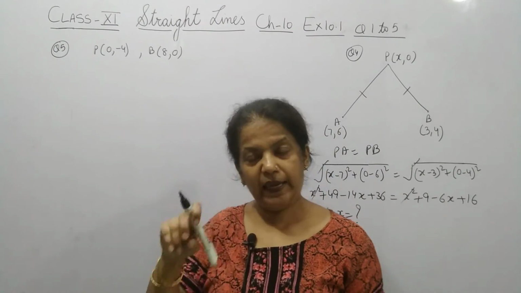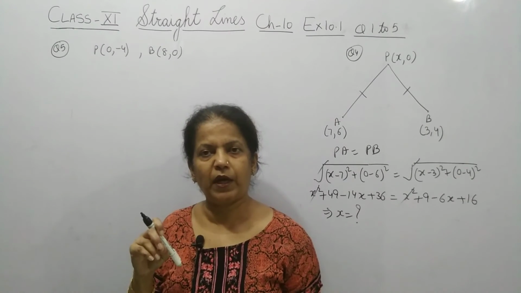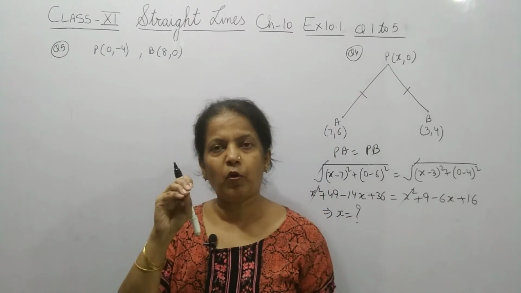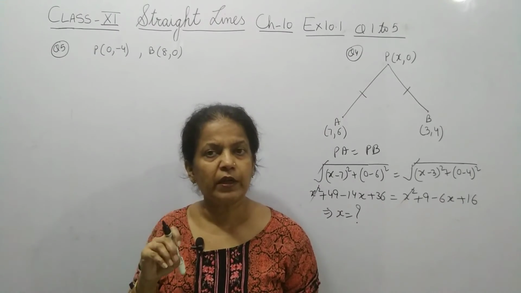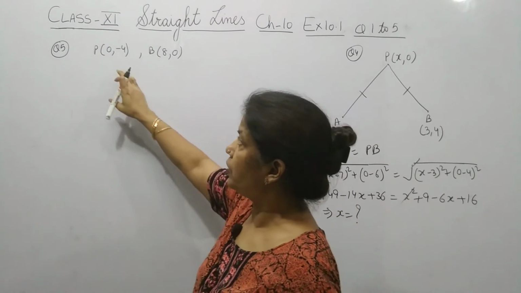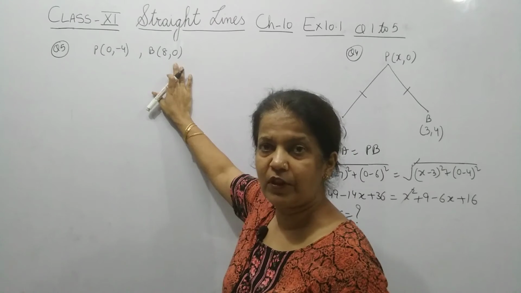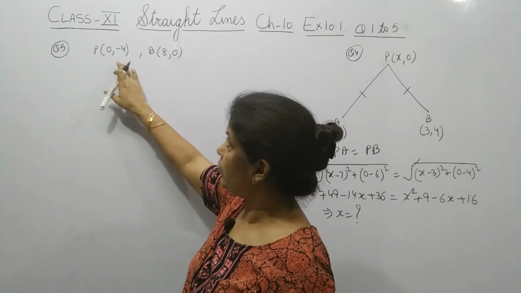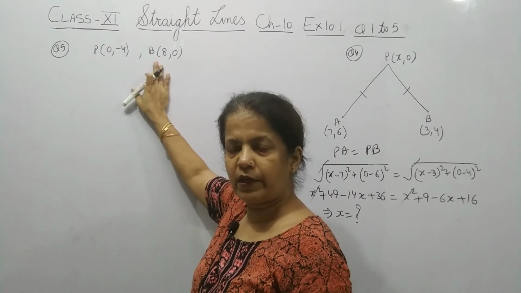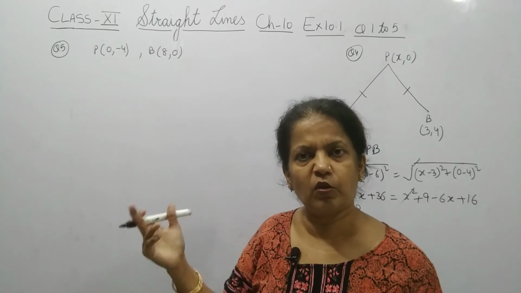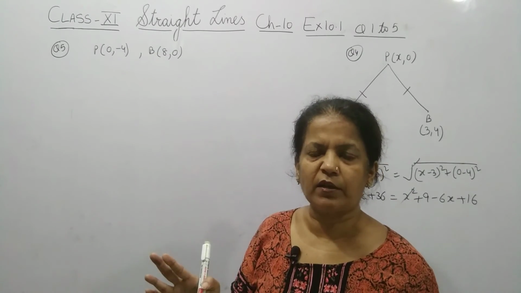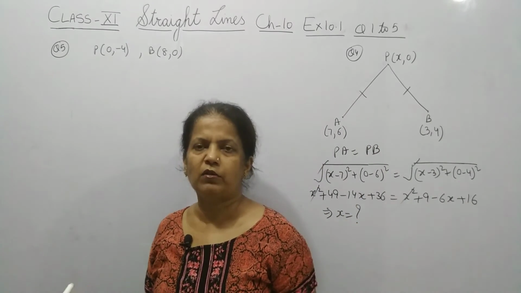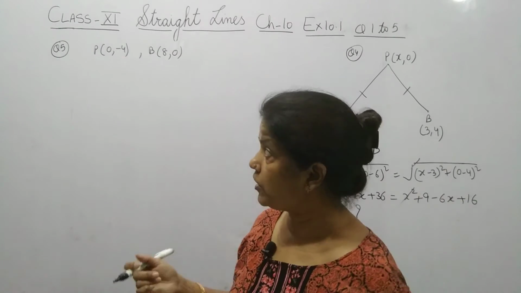So one point of the line is the origin and the other point is the midpoint of these two. By using the midpoint concept, we will get one coordinate, and the other coordinate is (0, 0). So two coordinates are there. Then how to find the slope? Slope is y2 minus y1 upon x2 minus x1.